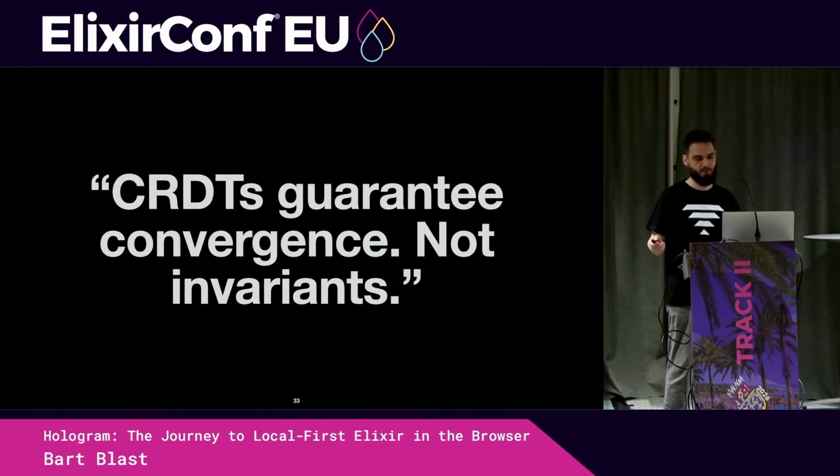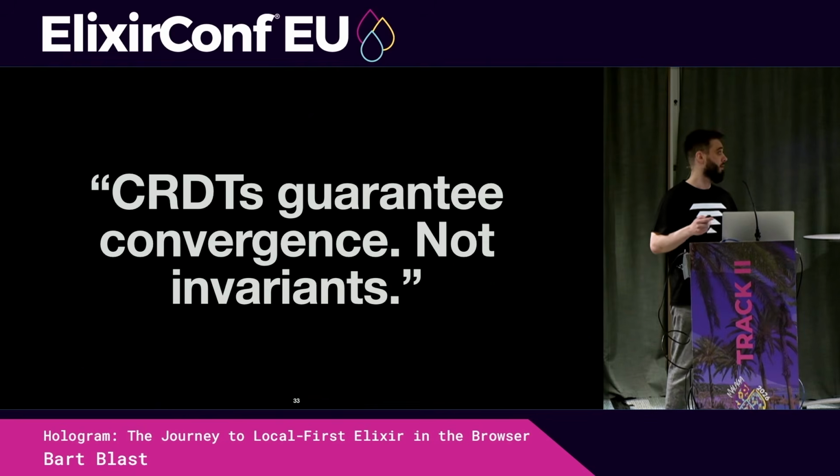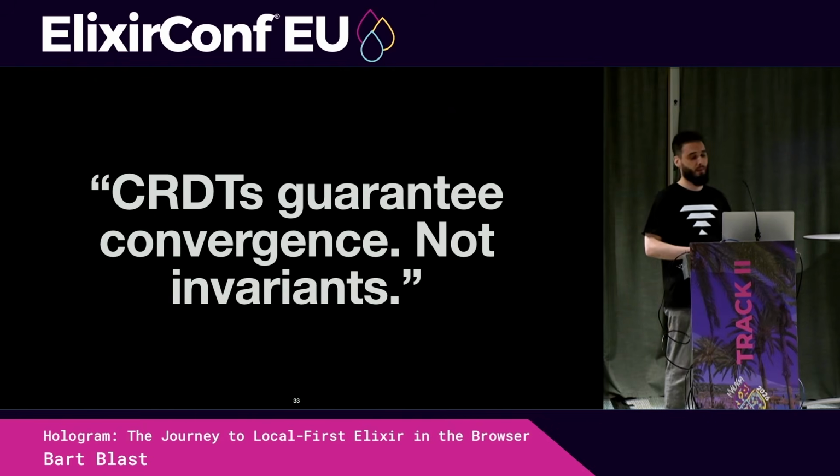These are invariants. Properties your data has to satisfy at all times. CRDTs can't guarantee those. Two offline clients each create an account with the same email. The merge produces a duplicate, because both writes were valid at the time. The invariant is broken.